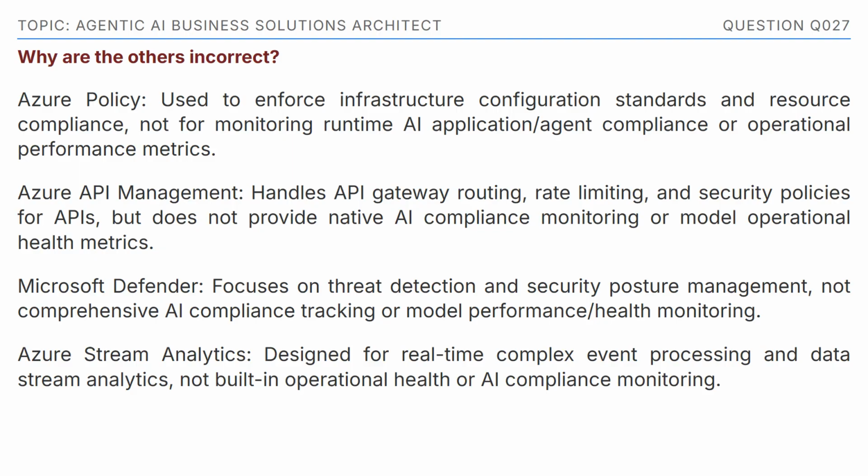Microsoft Defender focuses on threat detection and security posture management, not comprehensive AI compliance tracking or model performance and health monitoring. Azure Stream Analytics is designed for real-time complex event processing and data stream analytics, not built-in operational health or AI compliance monitoring.